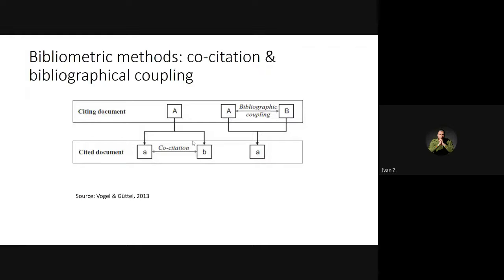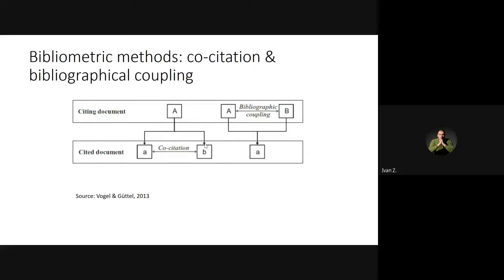So here's a comparison of two main bibliometric methods: co-citation and bibliographic coupling. If you take a look at this graph, you can see that co-citation works on cited documents, right?